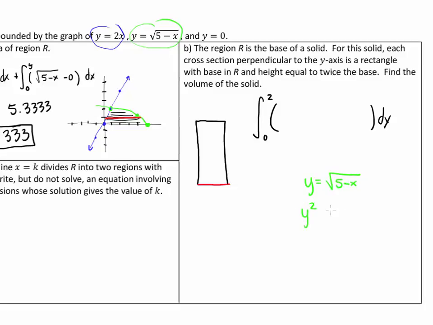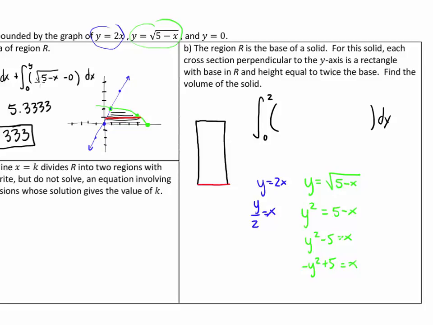That gives me y squared equals 5 minus x, subtract 5, and multiply by negative, so it becomes negative y squared plus 5 is equal to x. So that's this equation right here in terms of y now. Okay, and then the blue one, it was y equals 2x, and now just divide both sides by 2, and that's the equation for this line right here.